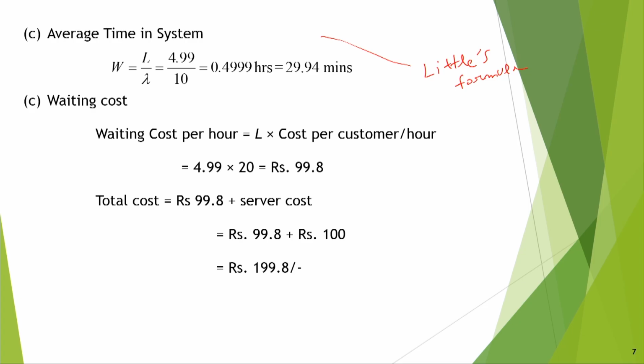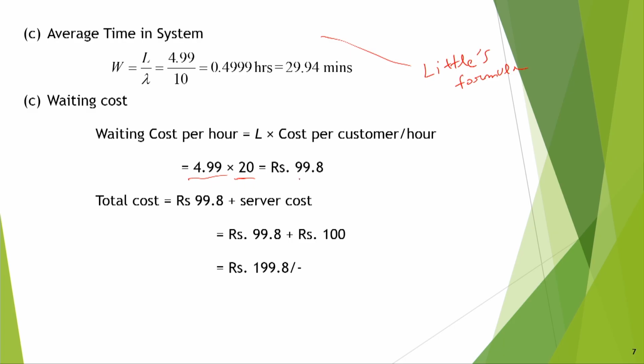Now waiting cost per hour is equal to L into cost per customer, okay. So I am taking the system length, assuming that while he remains in the system, that cost also goes. So 4.99 is the system length, multiplied by 20, because it is 20 per hour.